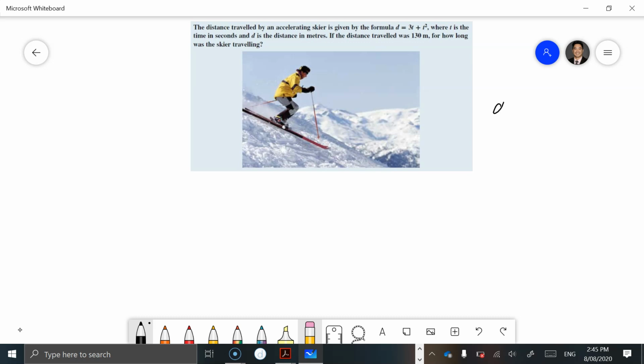So I'm just going to write that down. d is equal to 3t plus t squared, and d is in meters, and t is in seconds. If the distance traveled was 130, so if d was 130 meters, how long was the skier traveling?